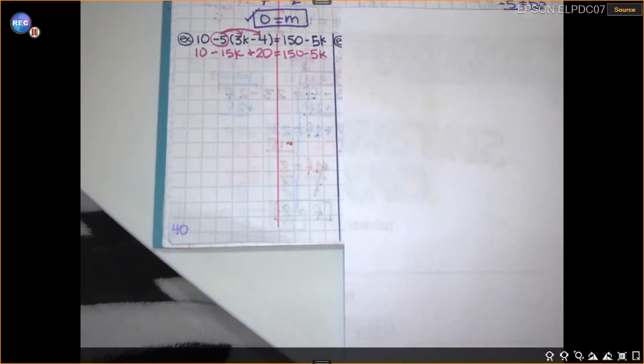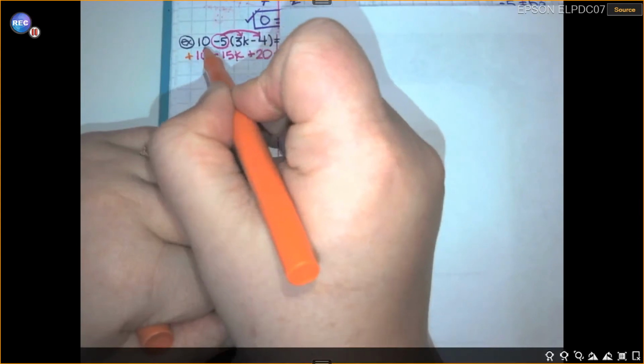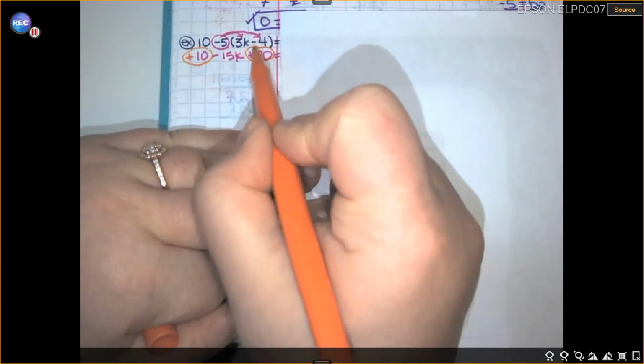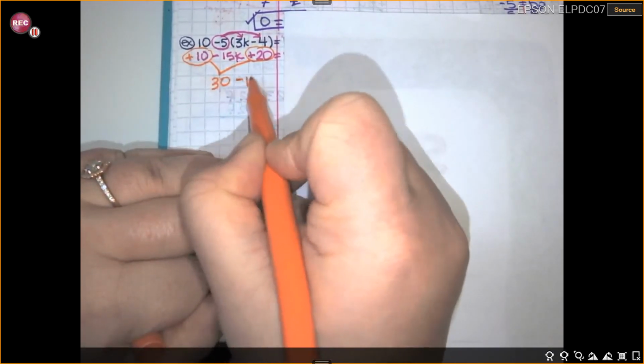Okay, so now we have call, or C, which is combine like terms without crossing the equal sign. So if you look here on the left-hand side, I have a positive 10, okay, and a positive 20. Let's go ahead and combine those. 10 plus 20 is 30, or positive 30, and then just bring minus 15k down here.